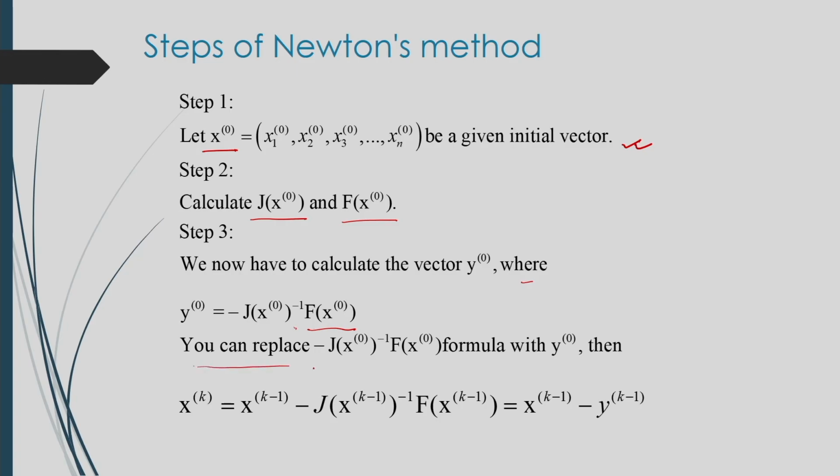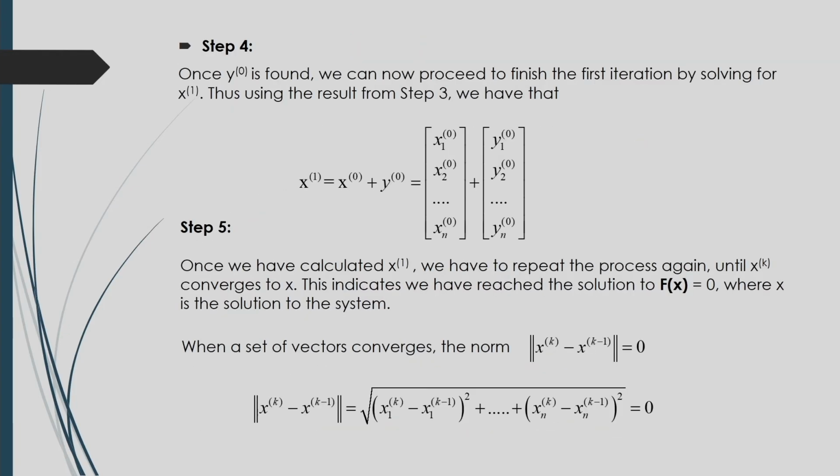So, you can replace this formula, minus J(x0)^-1 f(x0), with y0. Then xk will be equal to x(k-1) minus J(x(k-1))^-1 f(x(k-1)), which equals x(k-1) plus y(k-1). So, this is your step 3, in this way you have to calculate.